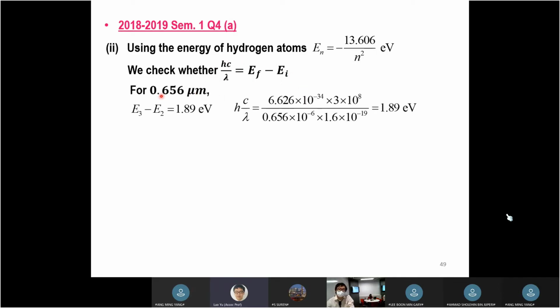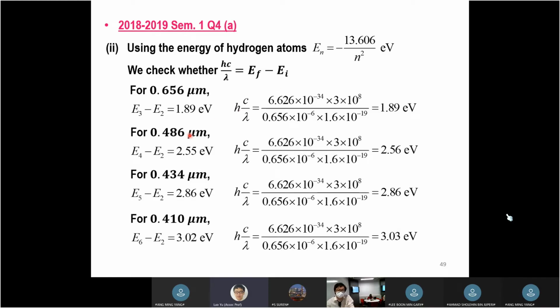For the transition from E3 to E2, we substitute n equal to 2 and 3 into this formula and find the difference. We found this is about 1.89 eV. The corresponding hc over lambda is also 1.9 eV, so they are perfectly equal to each other. So for this line, the theory is correct.